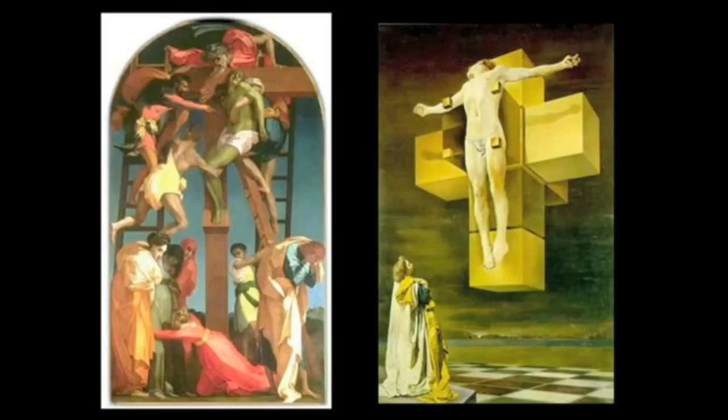Here we have Rosso Fiorentino's Descent from the Cross on the left, and we're juxtaposing that with Salvador Dali's Crucifixion on the right. Now, Rosso's painting I often compare to that of a bad TV set. The color is out of whack, it's out of tune, Christ has turned green, and you have these intense contrasts of green and red and blue and orange throughout the painting. It's a very peculiar image.